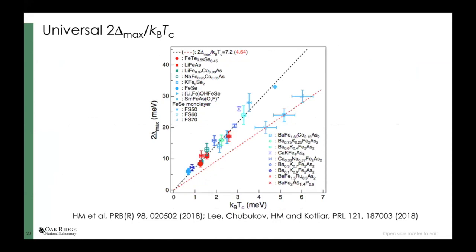I think it, of course, does not work because iron-based superconductor is a multi-band, multi-gap system. You can never find a simple way to scale everything together, but the meaningful number is probably the largest superconducting gap for the system. So that's why we're trying to make the plot. And interestingly, you do find for all the bulk materials, the 2 delta max over kBTC does follow a simple scaling relation.